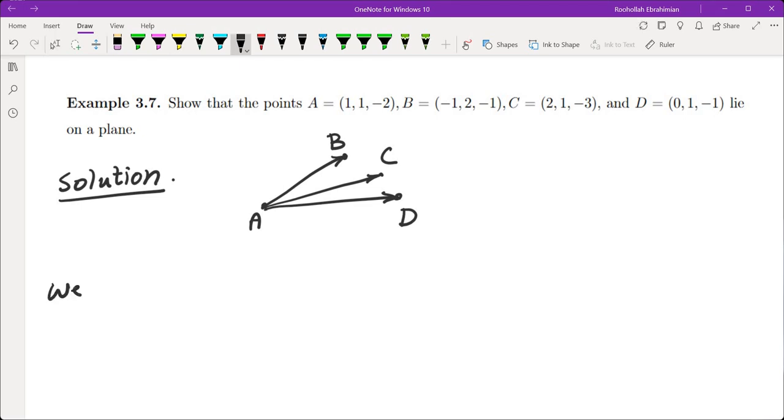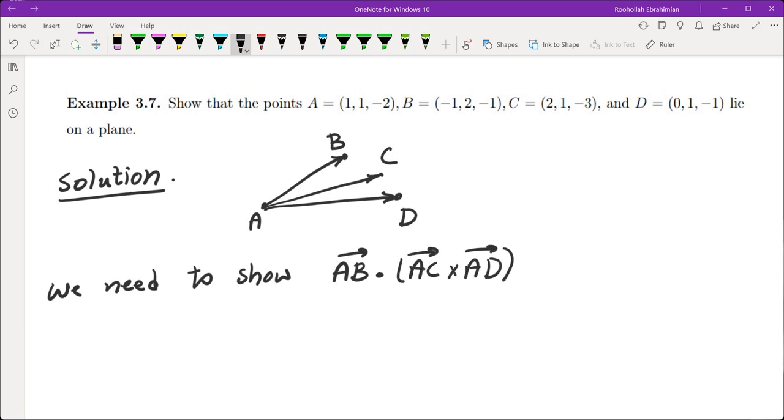So we need to show the volume, which is AB dot AC cross AD, is equal to 0. So that's what we're going to have to do.